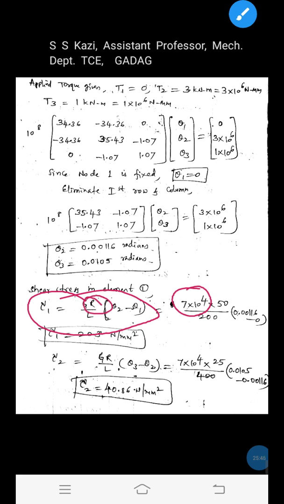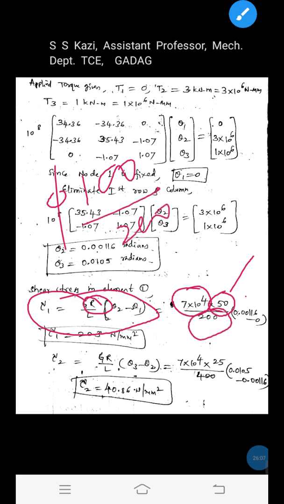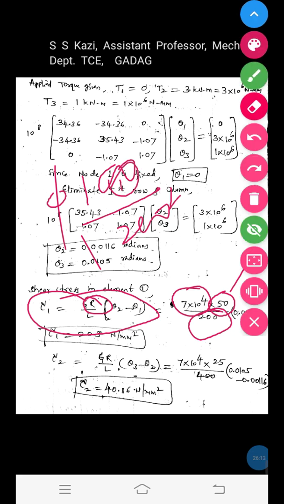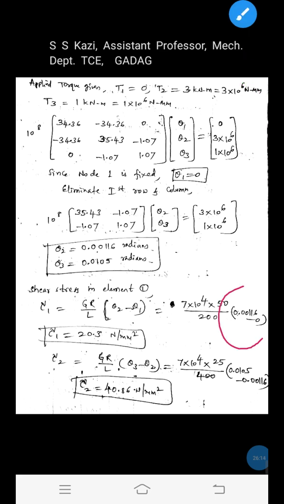And what is the R? R value is 50. That is for solid shaft. It is for the element 1. Element 1 is having diameter 100 mm. Then what is the radius you will get? 100 by 2, that is 50, divided by the length of the first element, 200 given. 200 you substitute, and into bracket theta 2 minus theta 1, that we already have calculated, theta 2 0.00116 minus theta 1 is 0.